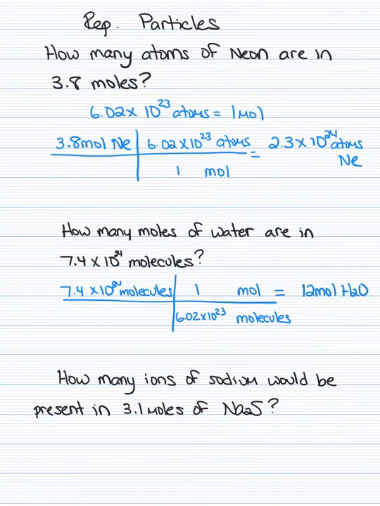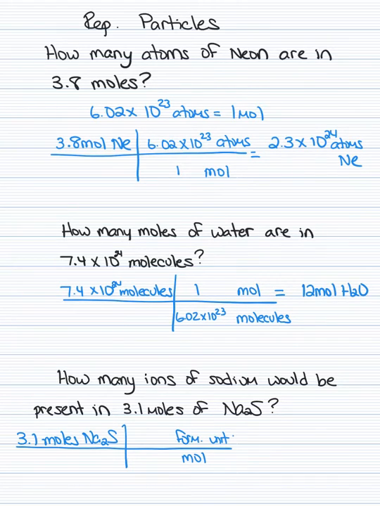Our final example with representative particles says how many ions of sodium would be present in 3.1 moles of sodium sulfide. If the formula was not already written, you would need the formula here, and you're going to start off with your 3.1 moles of sodium sulfide, and you're going to first go from moles to formula units.